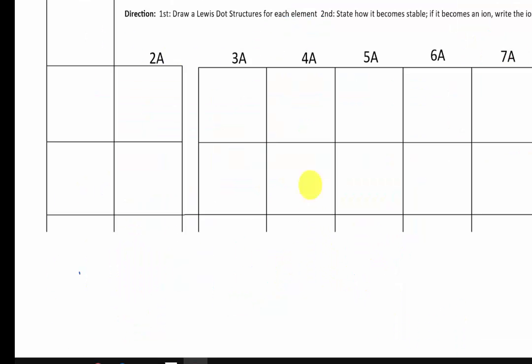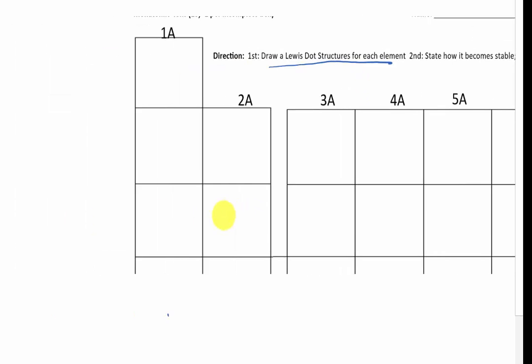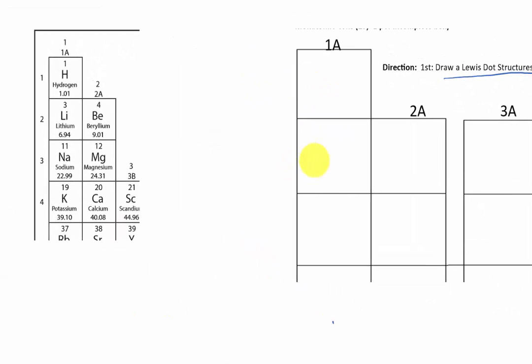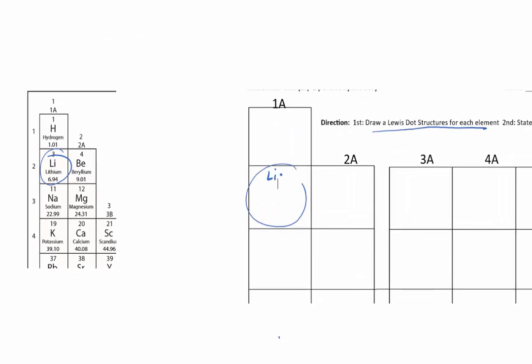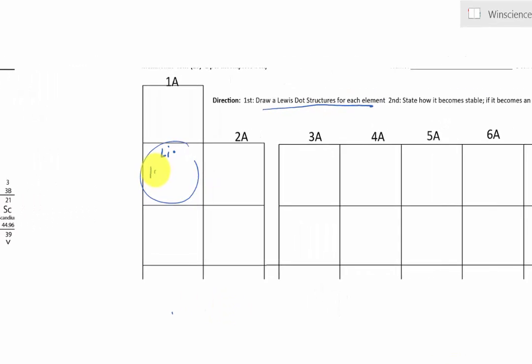The activity that goes along with this video is, first, draw the Lewis dot structure for each element. Second, you're going to state how it becomes stable and what ion it forms. For instance, let's talk about lithium first. Lithium is right here. So this is Li with one dot. Because it has one dot in its Lewis dot structure, it is going to lose one electron.